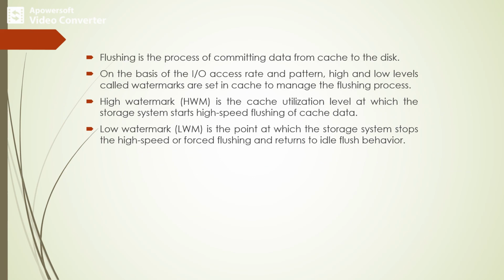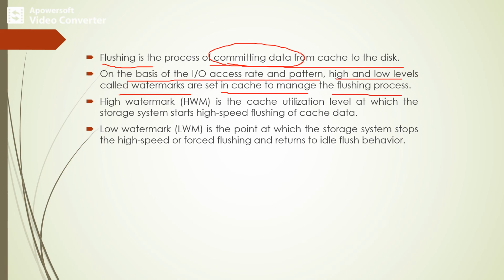So now we'll consider the next concept called flushing. So what is the meaning of flushing? Flushing is a process of committing data from the cache to the disk. So we have to commit the data from the cache into the disk. On the basis of I/O access rate and pattern, high and low level watermarks are set in cache to manage the flushing process.